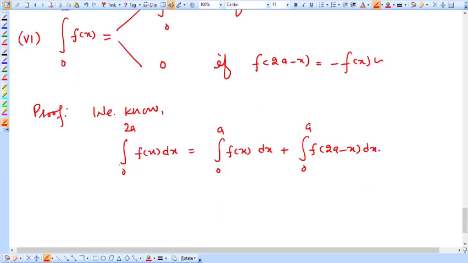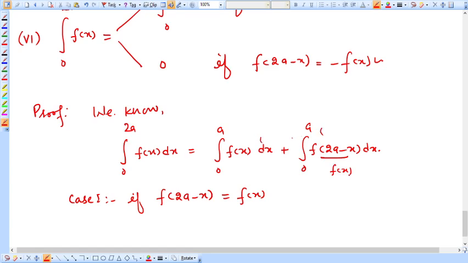So case 1, if f of 2a minus x is equal to f of x. अब ये कितना हो गया अगर f of x, ओके तो कितना हो जाएगा, ये ऐड हो जाएगा फर्स्ट एंड दिस वुड बी सेम, राइट.